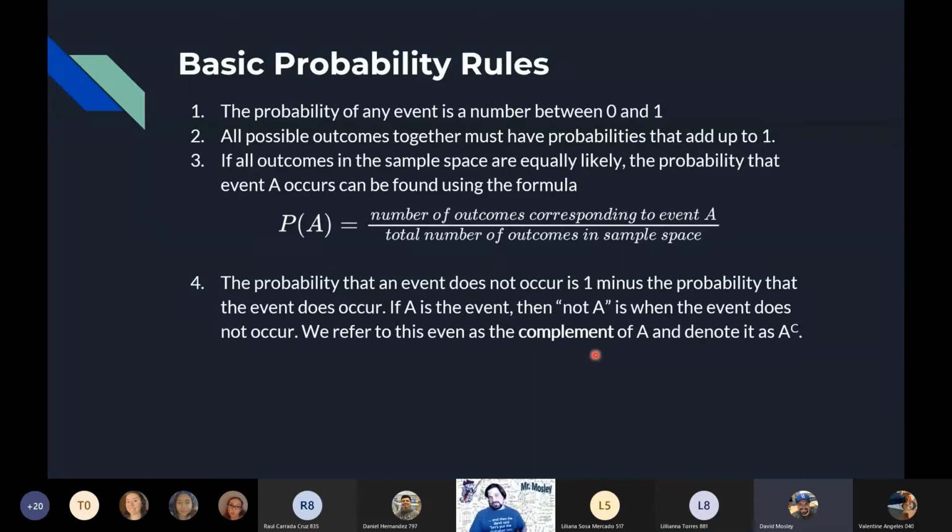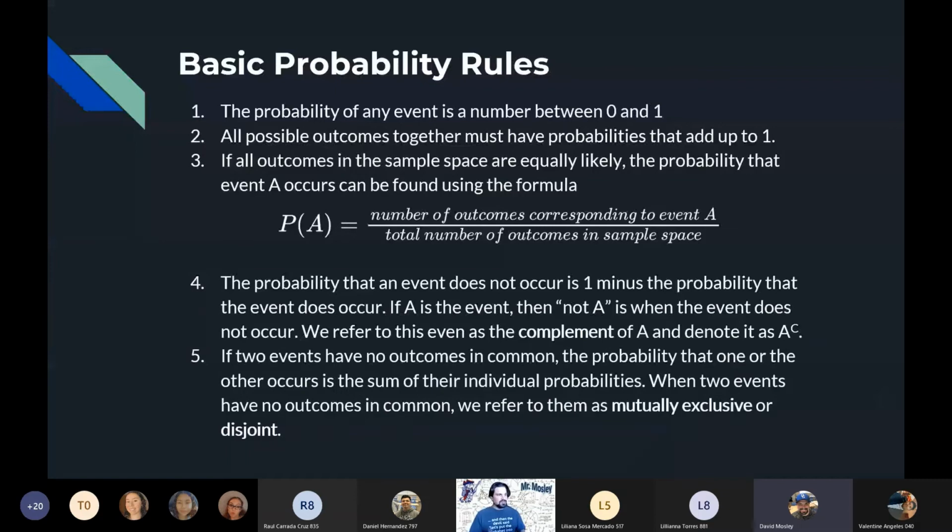as far as this is concerned, the complement of an event is the other things that could happen besides that event. And lastly, number 5, if 2 events have no outcomes in common, the probability that one or the other occurs is the sum of their individual probabilities.